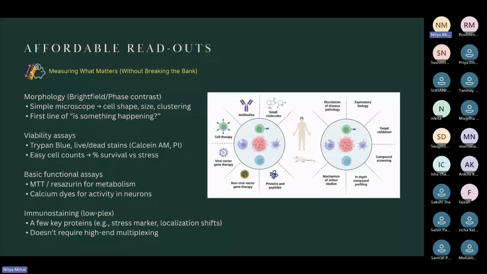You're basically trying to pick one or two quantifiable readouts and do them well without trying to chase fancy multiomics. And some functional assays, calcium dyes for activity in neurons, is pretty common.